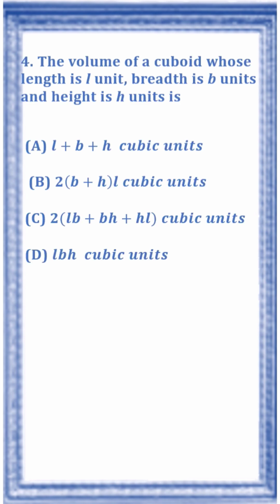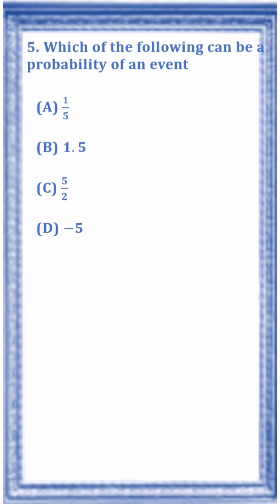Fourth question. The volume of a cuboid whose length is L units, breadth is B units and height is H units is. Option D, L into B into H cubic units. Which of the following can be a probability of an event? Option A 1 by 5, option B 1.5, option C 5 by 2, option D negative of 5.